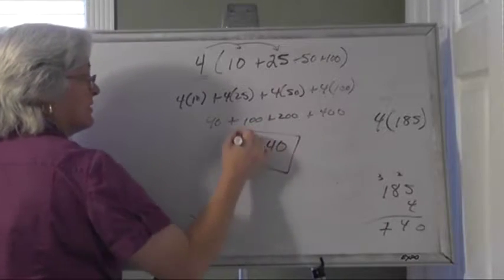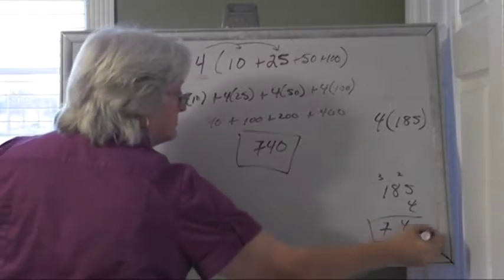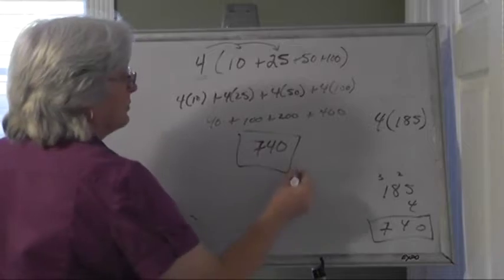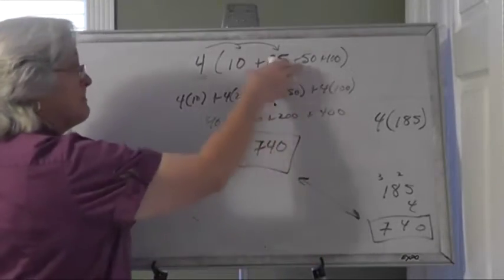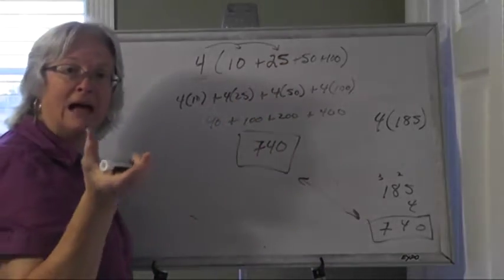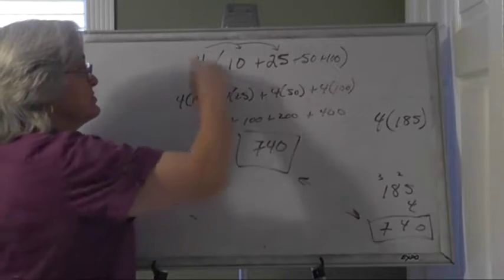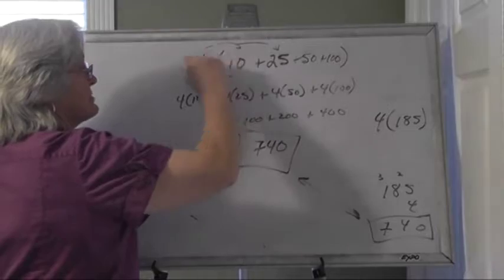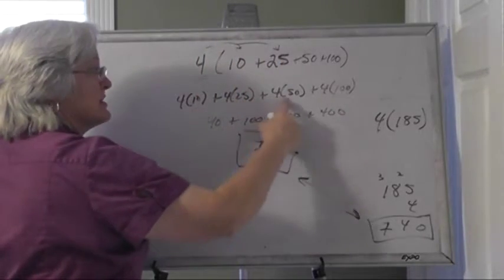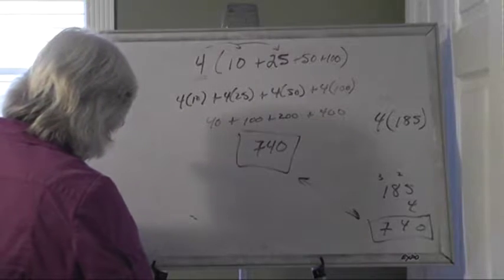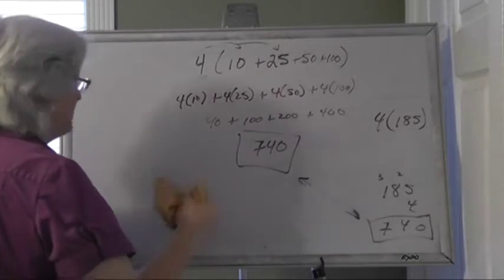So you have 740. So just a further illustration of this distributive property, it doesn't matter how many addends, how many items you have inside the parentheses. You're just multiplying this outside factor against each one of those. This is what they call, once again, the distributive property of multiplication over addition.